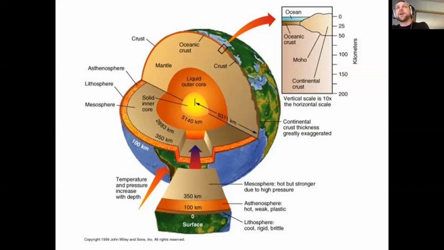You've got different types of crust, oceanic crust and continental crust. Those different crusts have different densities because they're made of different material. And then under the crust, you've got this large section called the mantle, and the mantle is broken down in different parts, which we'll get into after this. And then the inner and outer core.